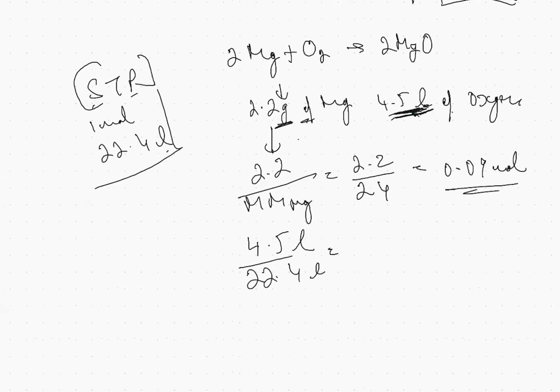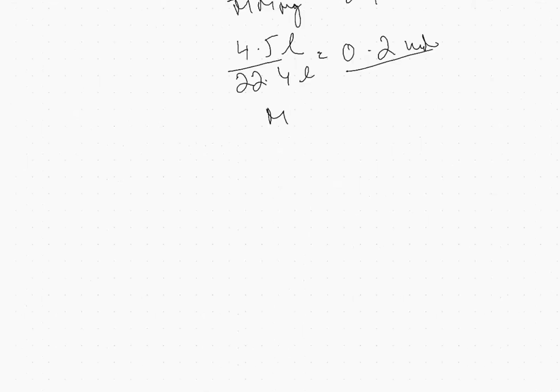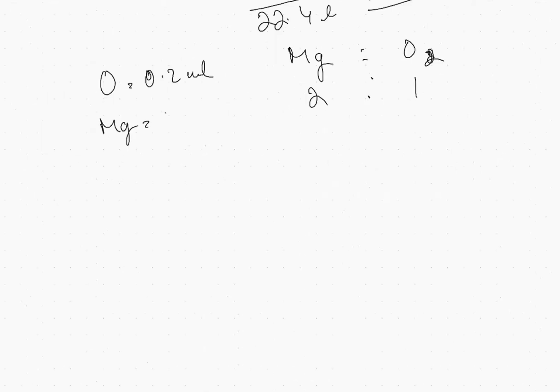All right, now we know the ratio is 2 to 1, between magnesium and oxygen. On the side we have oxygen 0.2 moles and magnesium 0.09. We'll do it first for magnesium. If magnesium is 2, you get 1. If it is 1, you get half.